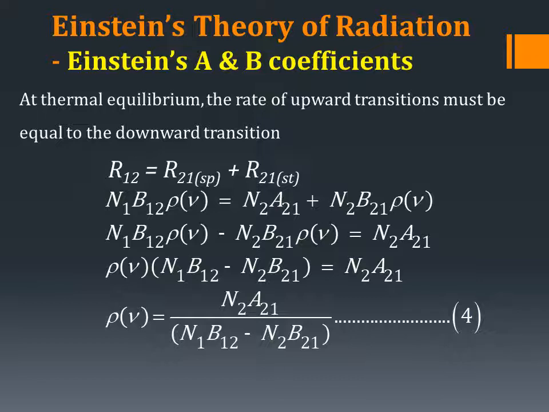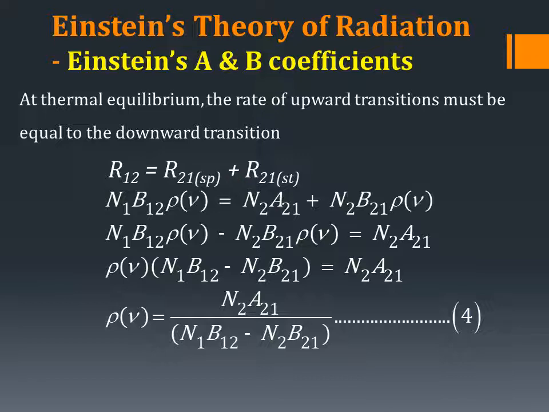That is, the rate of absorption must be equal to the rate of emission. Therefore, we have the rate of absorption equal to the sum of the rates of spontaneous emission and stimulated emission.